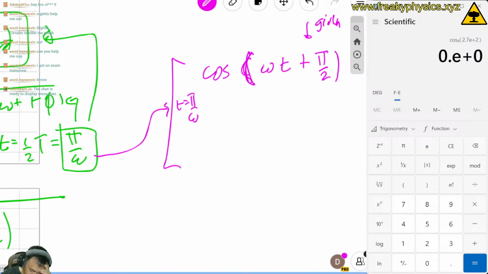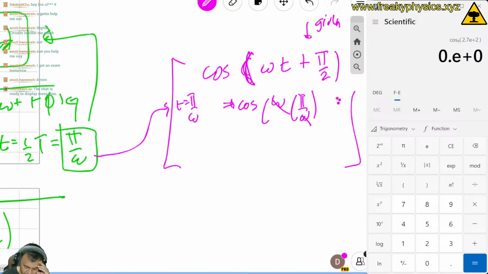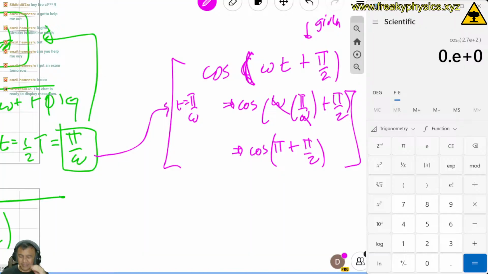So we substitute that in. We get cosine of omega times pi over omega. That cancels out, and then we still have to add the pi over 2. So we can rewrite that as cosine of pi plus pi over 2, and that's just 3 pi over 2.